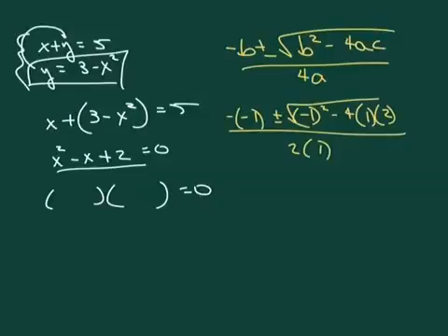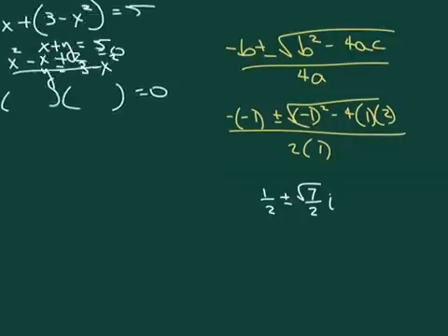Alright, so when you do this whole thing, you end up with 1/2 plus or minus the square root of 7/2 i. That i right there tells you that this is not going to cross.